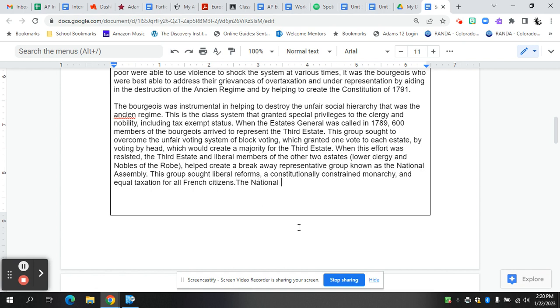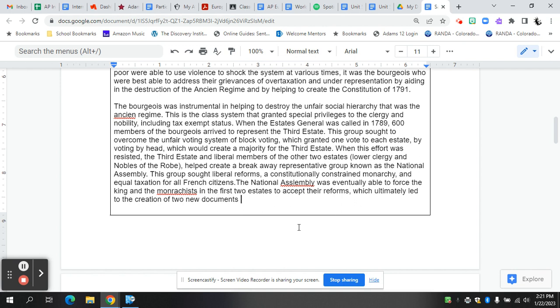The National Assembly was eventually able to force the king and the monarchists in the first two states to accept their reforms, which ultimately led to the creation of two new documents that helped create political and social equality.